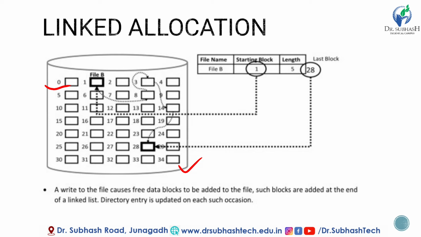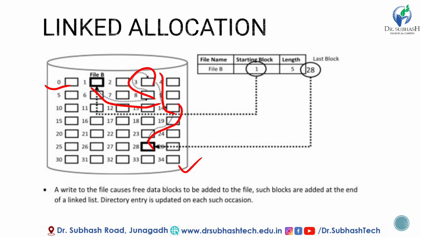So from 1 to 8, then 8 to 3, then 3 to 14, and 14 to 28. So 1, 8, 3, 14 and 28. These 5 blocks are there. This is what will happen in linked allocation.